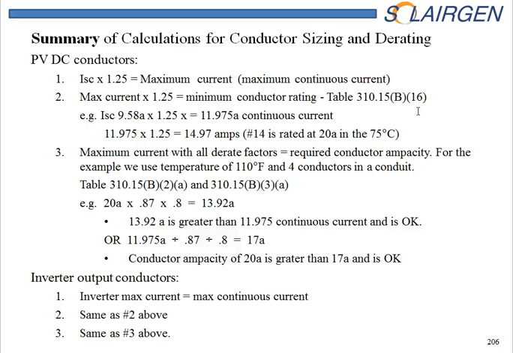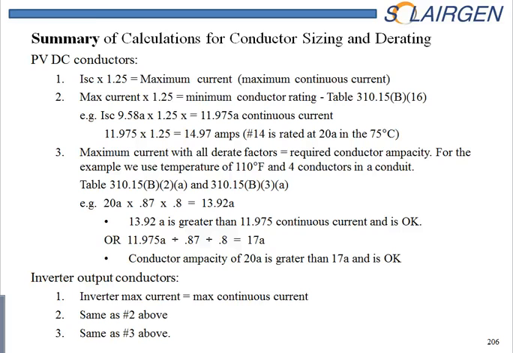If the environment in which the conductor is going to be installed is greater than that, then we have to derate the conductor. And if we run more than 3 conductors in a conduit, we have to derate for that as well. So in this instance, for this example, we're going to use an attic temperature of 110 degrees Fahrenheit and 4 conductors in a conduit. So we actually have 2 parallel strings running together through this conduit down to the inverter. So we look in these 2 tables to find what our derate factors are.